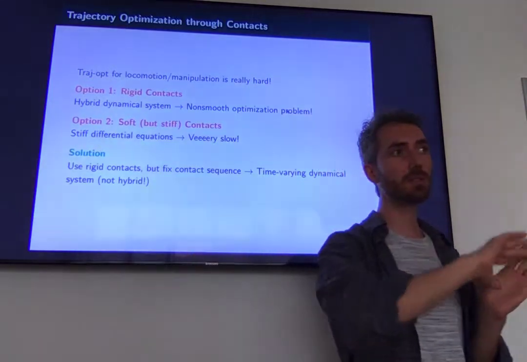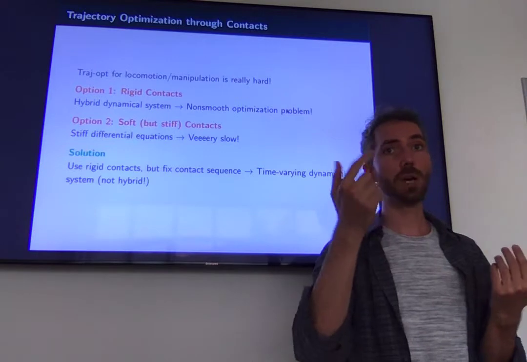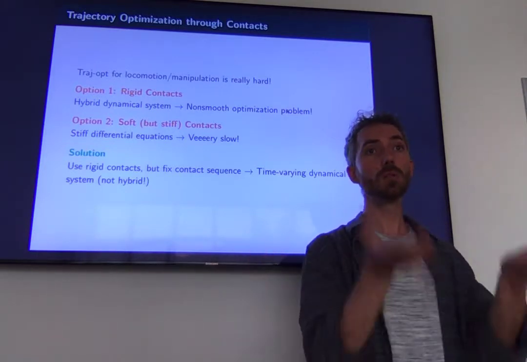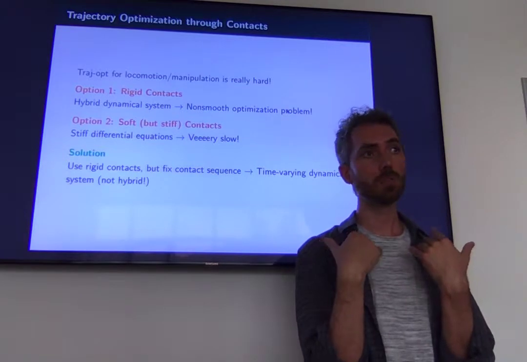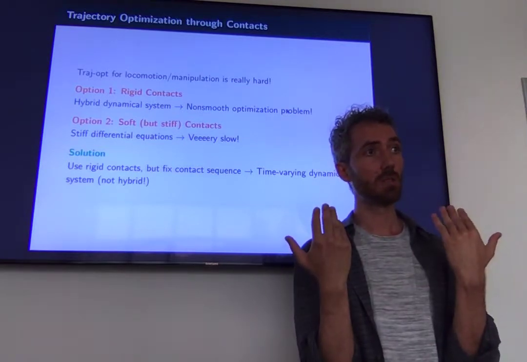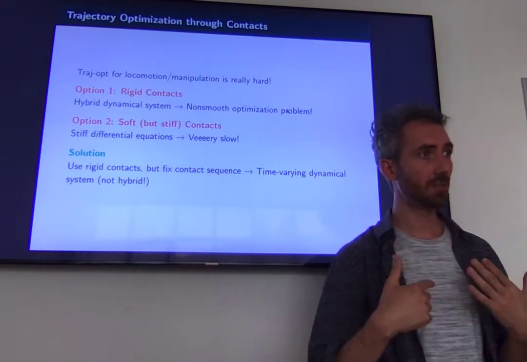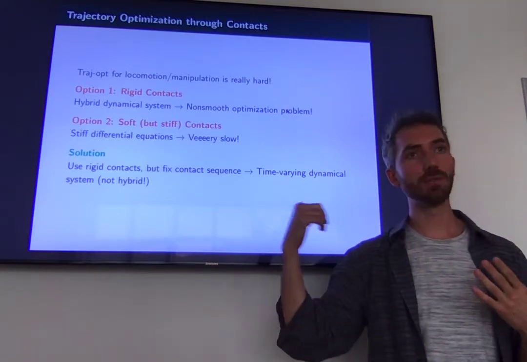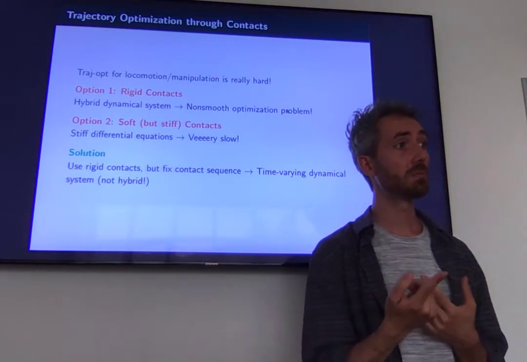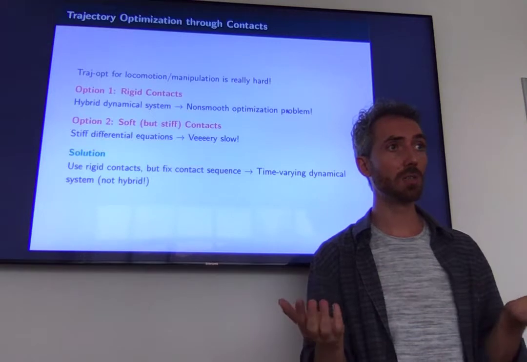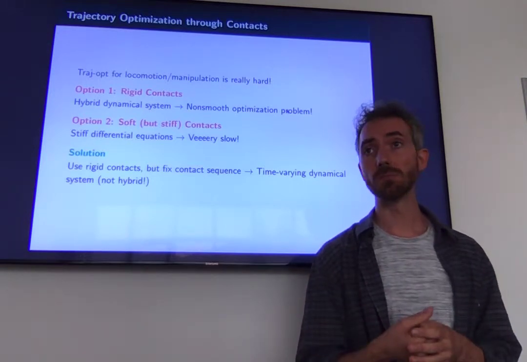So my dynamics changes depending on which contacts I have. Okay, but since I know this beforehand, it's not a hybrid system. The hybrid system is when you have a jump that depends on your state, but here you have jumps that depend on the time. And it turns out that mathematically, for an optimal control solver, that's much easier to deal with.